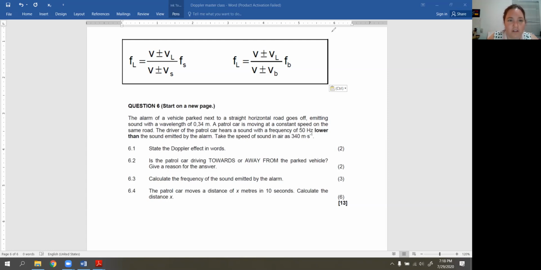You've also got to think very hard in this question. What's the source and what's the observer?